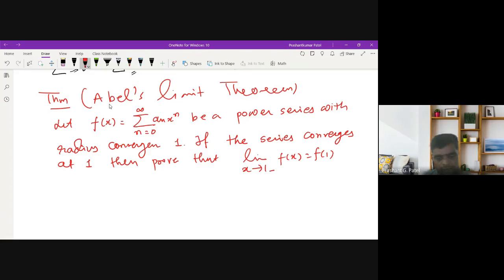Ultimately, we are saying that limit x tends to 1 minus summation an x raised to n is summation of an.